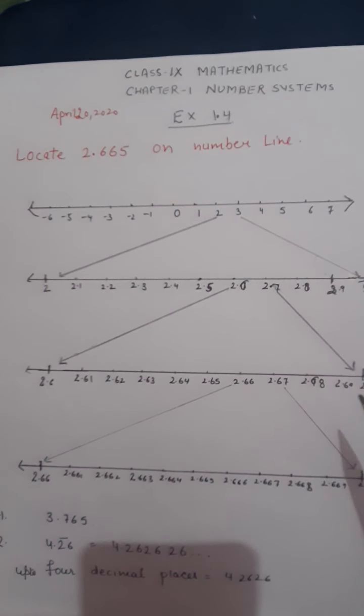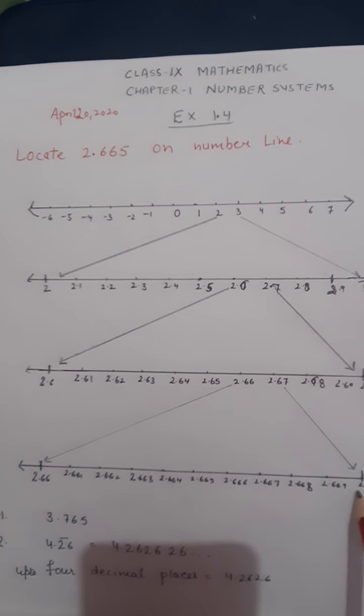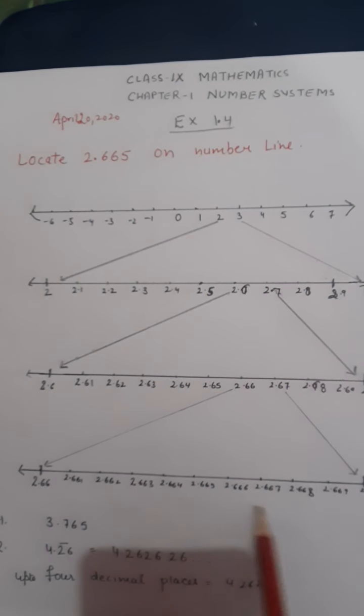What will you find out? Just try to extend. Here write 2.66. Here write the last number, 2.67. In between, draw these marks at equal distances like 2.661, 2.662, 2.663, 2.664 and so on.